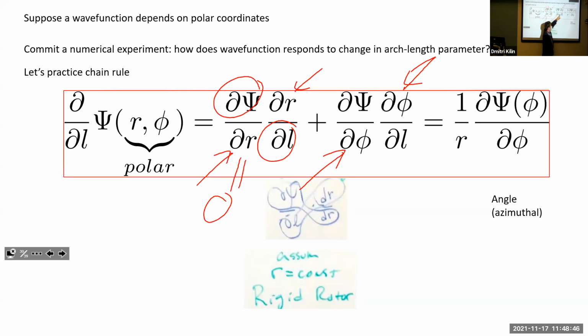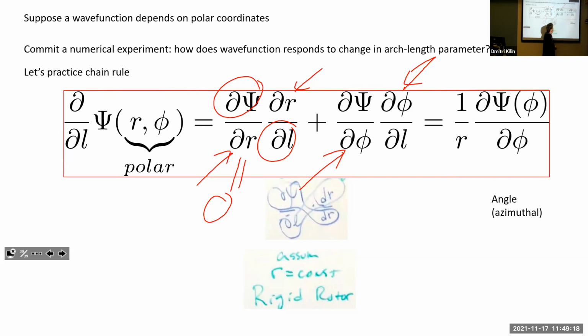We have only the second term: derivative of psi over angle, and then derivative of angle over length, which is always constant. It's 1 over r, right? So we are doing a very little first step into differential geometry when one goes to non-Cartesian coordinates. There are ways to transfer derivatives from one system of coordinates to another one.